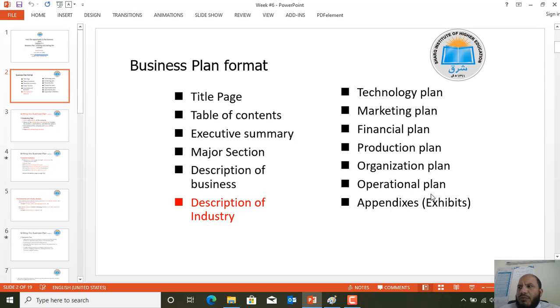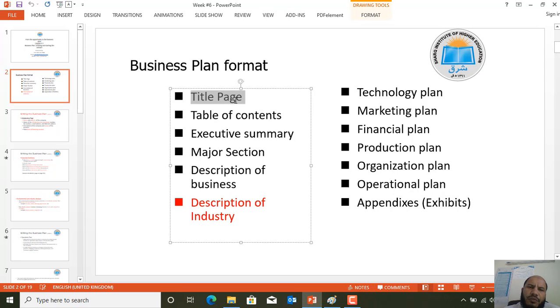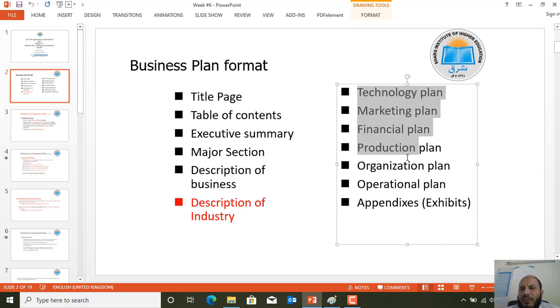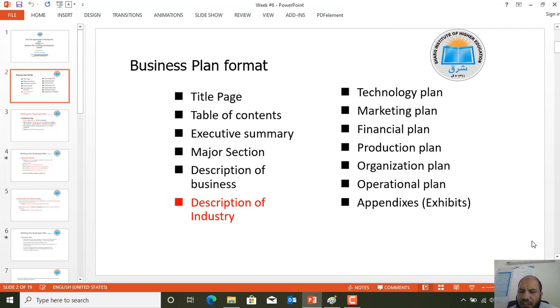Remember, in your earlier class we discussed that there are different titles for the business plan, like the title page, which we should add within the format of the business plan, the table of contents, the executive summary, the major sections: the business description, the industry description, the marketing plan, technological, financial, production, organizational, operational, and appendices. So these are the major contents of the business plan, and we should add these contents while writing a business plan for our developed idea.